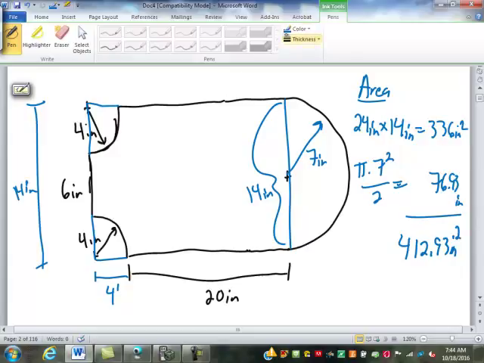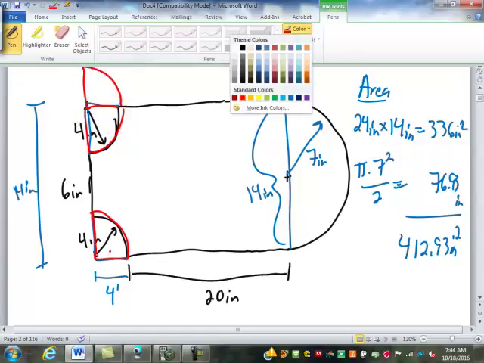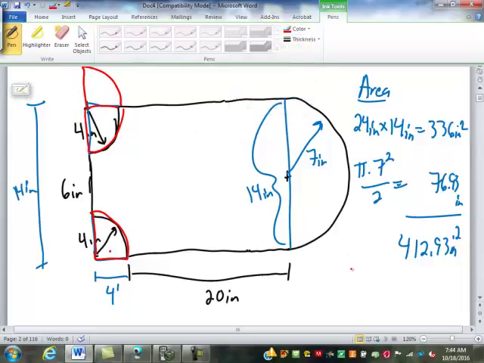Now of course I've got to subtract out these two. Now they're 2/4 circles, but they are the same size, which means I can just move them, put them together, and make a half circle. So what I'm subtracting out there is a half circle with radius 4.